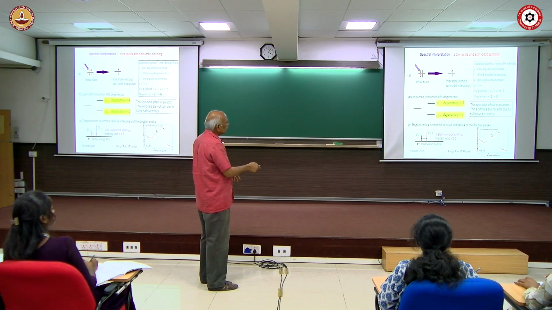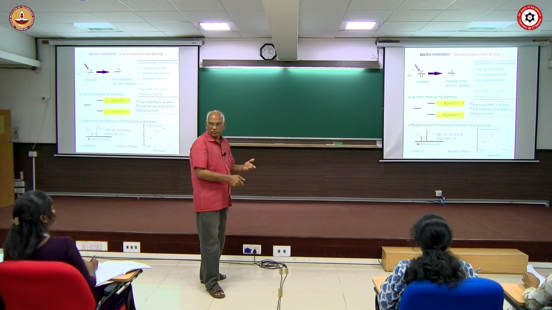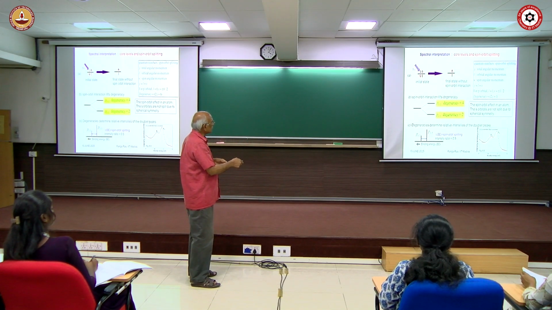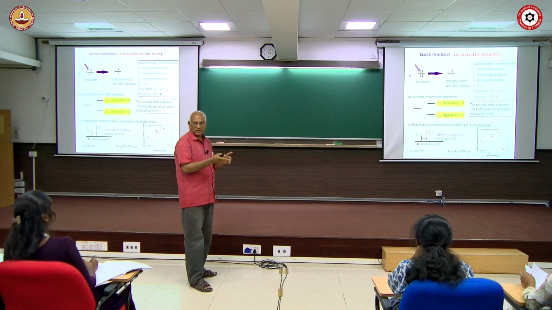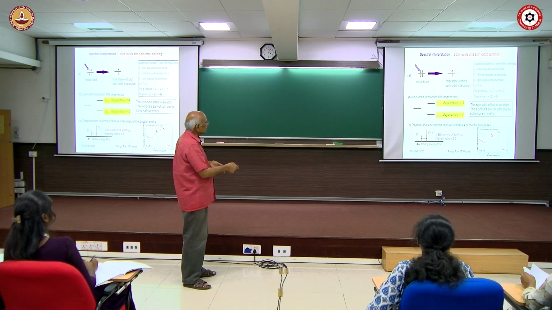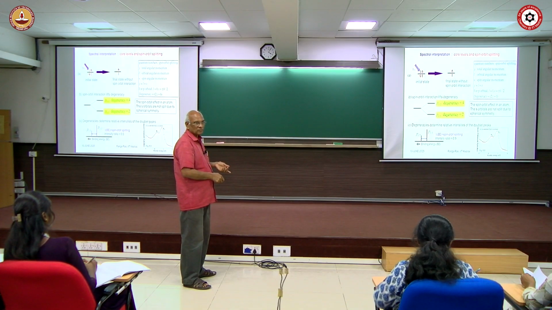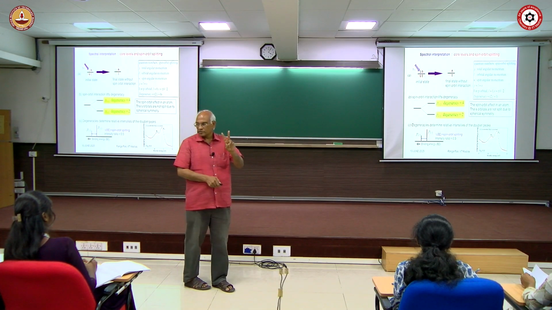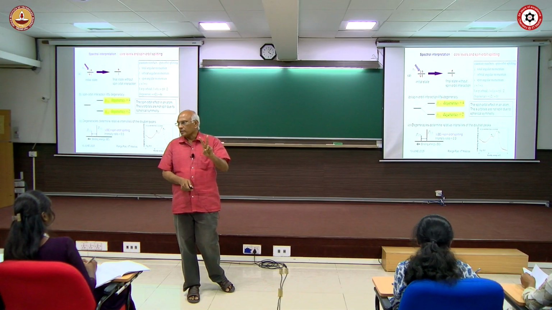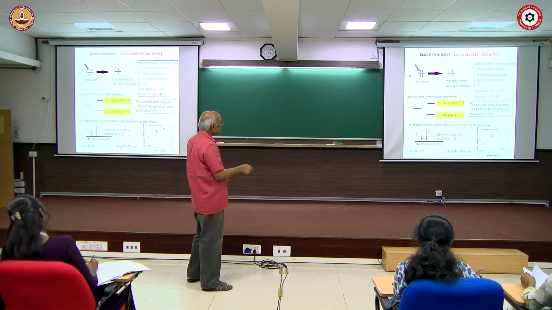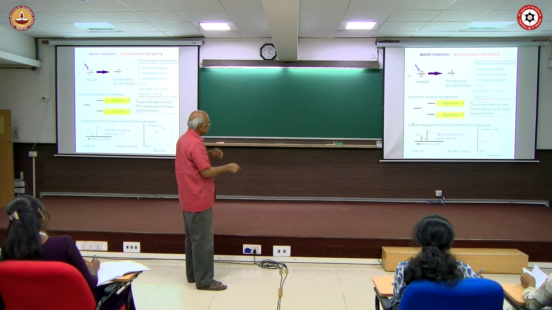For a p orbital, L is equal to 1. The S value can be either spin up or spin down, plus half or minus half. So you will get J equal to 3/2 and 1/2, two different final states because of the spin orbit coupling. That gives you the doublet, and you can also find out the degeneracy of each.